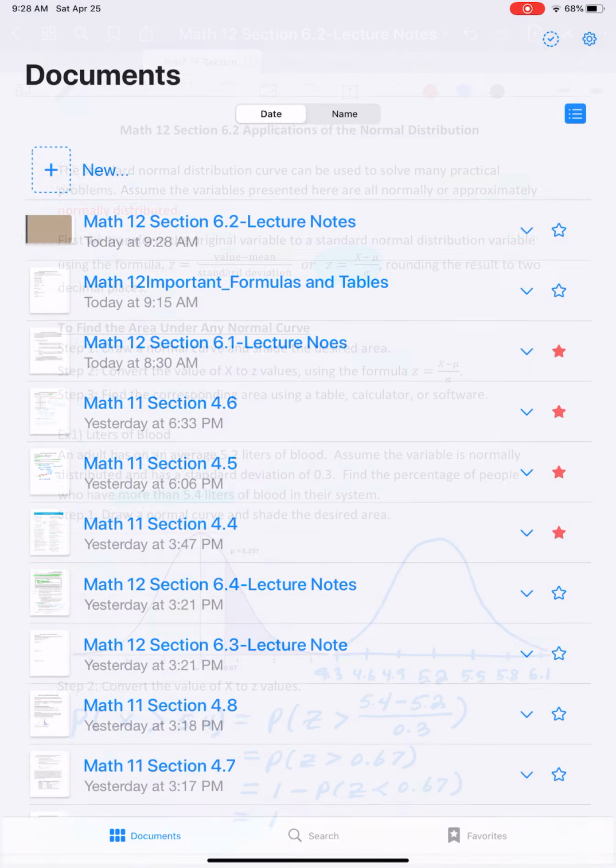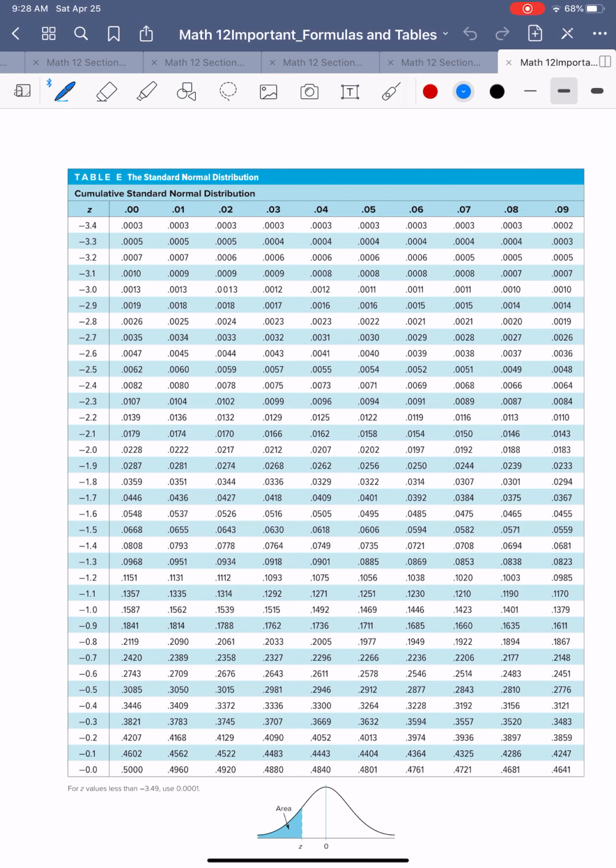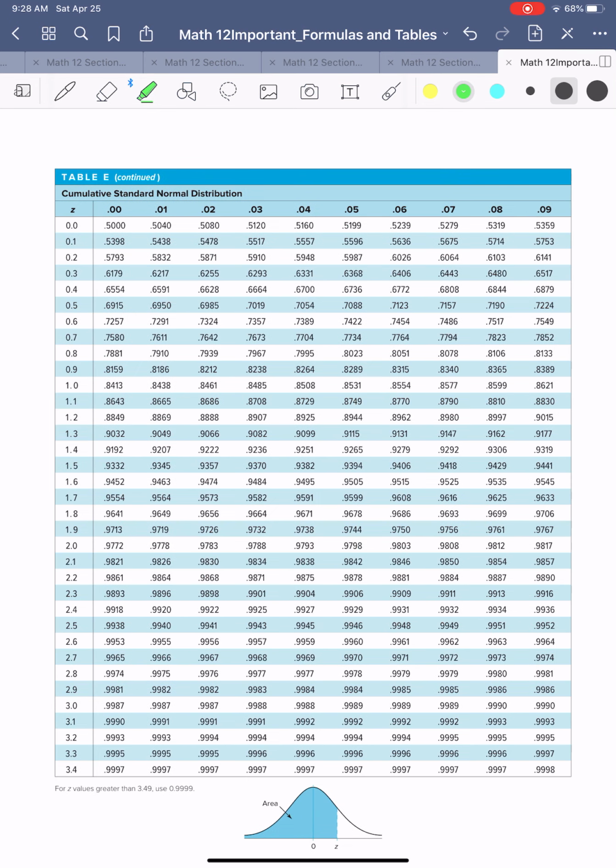So I need to go back to the formula, and we have to use table E. This z-score we have is 0.67, which is positive, so go to the positive z-scores.